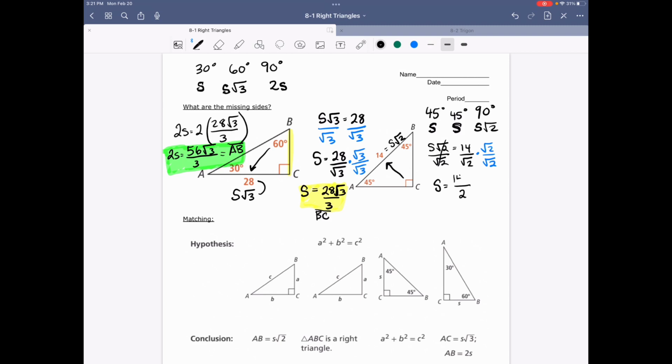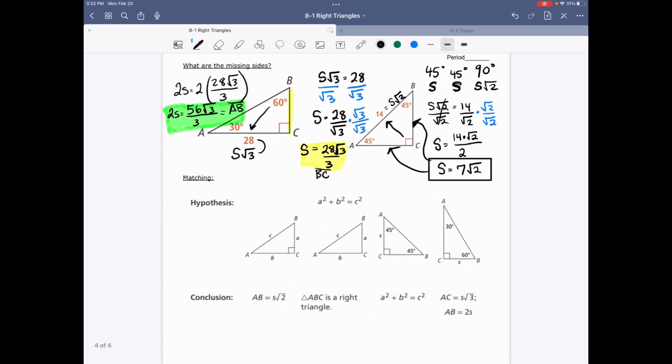And on the numerator, we have 14 root 2. We can simplify that further because 14 does divide by 2 evenly, so S is equal to 7 root 2. And that's our answer. It's kind of nice because both of these sides are the same in a 45-45. So they both equal 7 root 2.